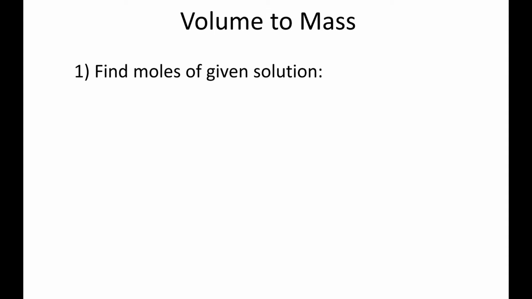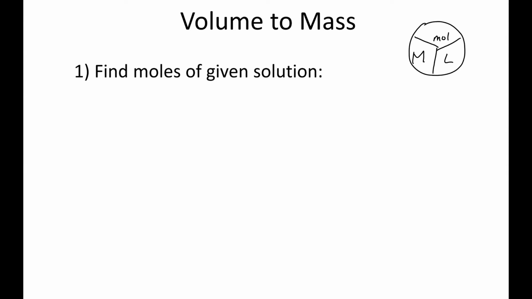Okay, volume to mass. Now, to find the moles of a given solution, just like in gas stoich, when you did volume to mass, you had to use the ideal gas law equation first to find the moles. Here, we've got to find the moles by using the molarity. If you remember, this is our little upside down P sign, and molarity is moles per liter.